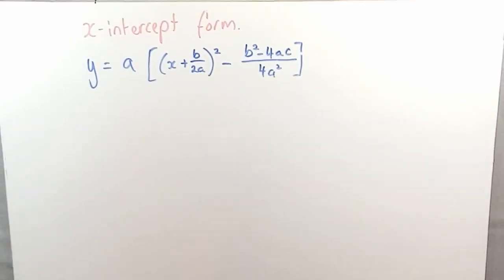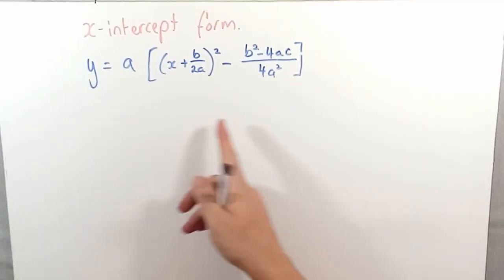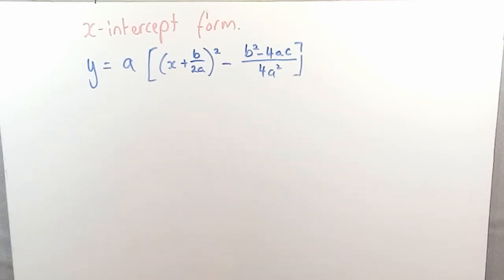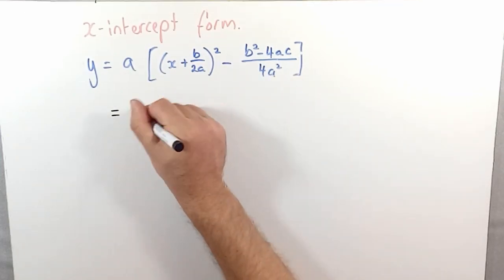Okay, so we'll pick up where we left off and we'll change it into x-intercept form. So if I want the x-intercepts, I started with this, the turning point form. I've still got the a taken out, and then I can put these together.